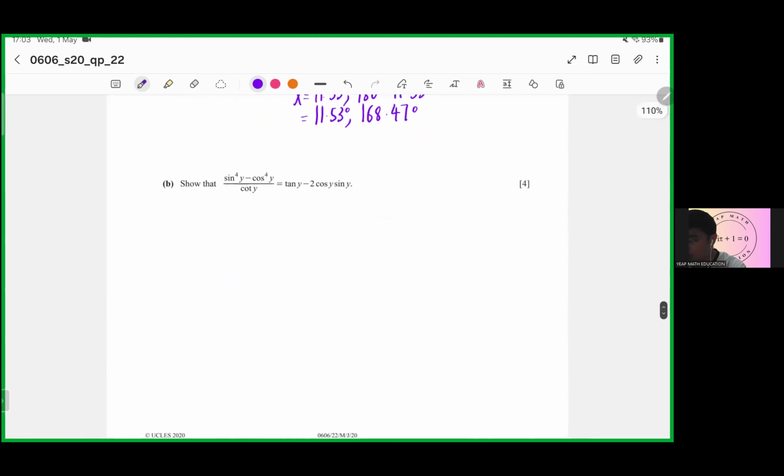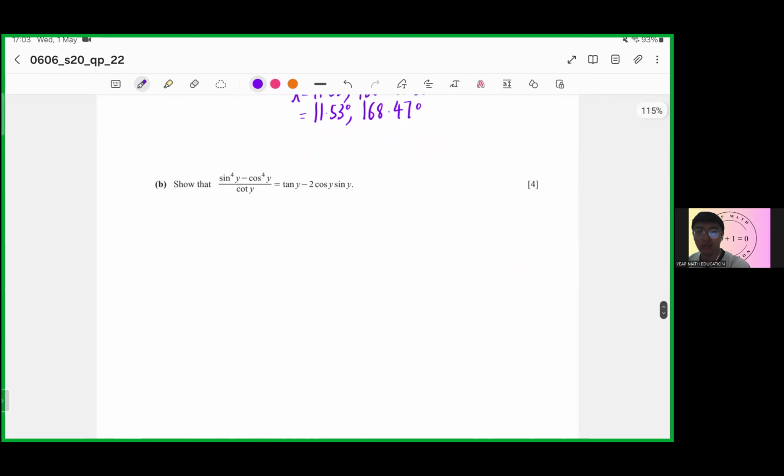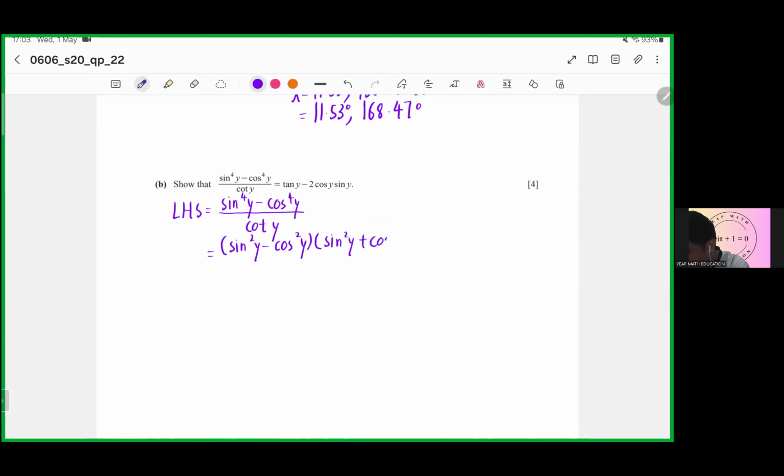Okay, now we look at the next question. This is proving trigonometry equations. I write left hand side equals sine 4y minus cos 4y over cot y. Okay, now we can do it this way. Why will it become like this?